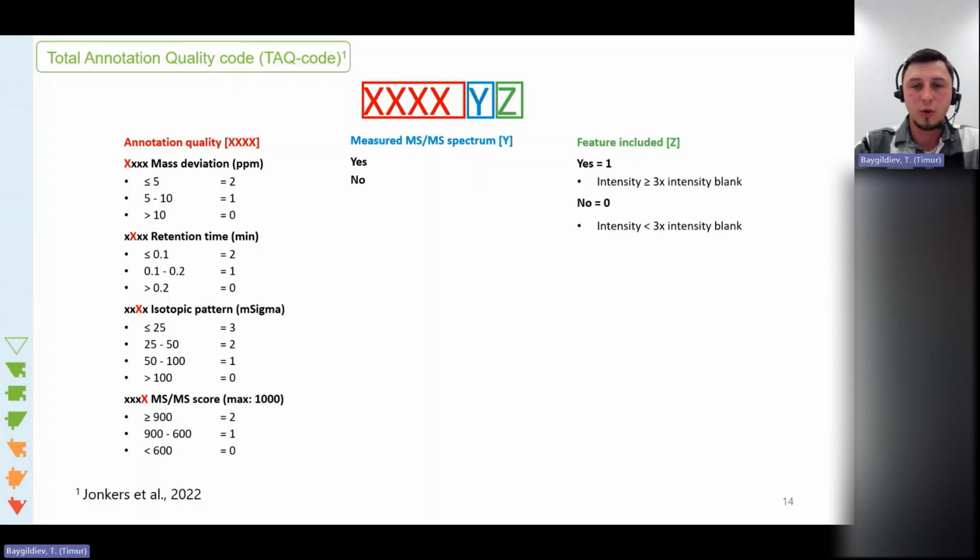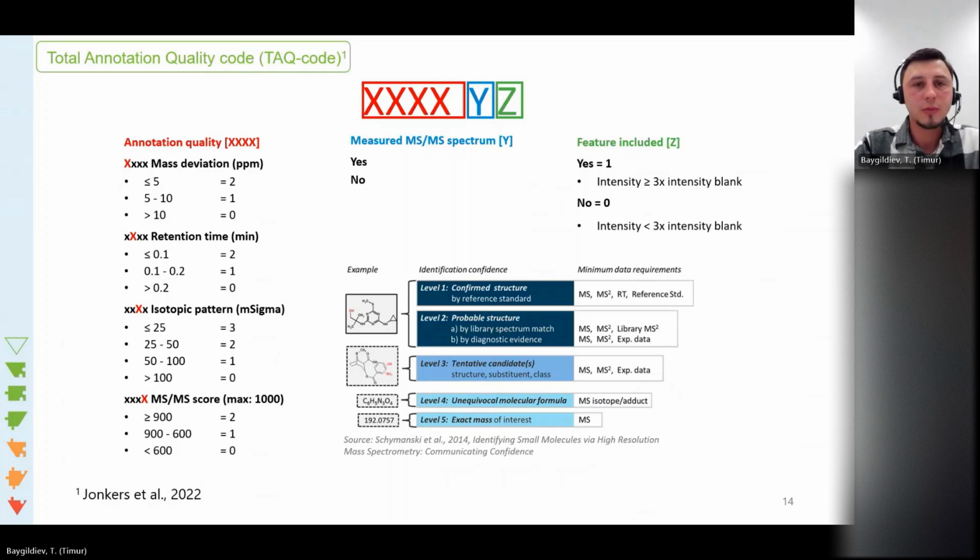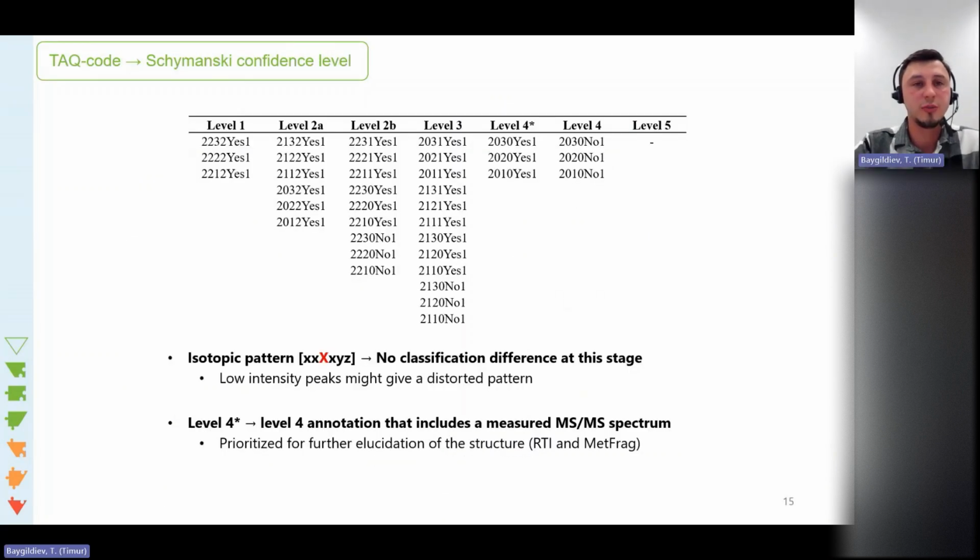Annotations were assessed with a total annotation quality code. For this, we used different parameters like mass deviation, retention time, isotopic pattern, MSMS score, presence of MSMS spectra, and whether the intensity of the feature is higher than the intensity of the blank. This code was translated to the Schymanski confidence levels.